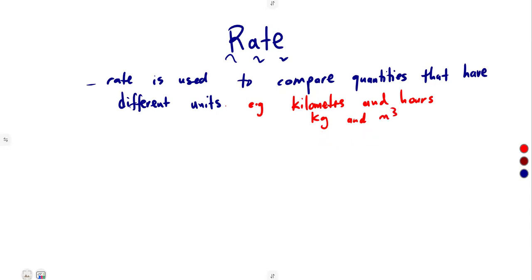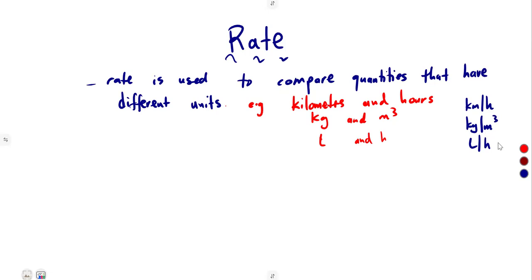Different units are being compared, consumption liters and hours. If we have that, it is referred to as a what? As a rate. Kilometers per hour, kilograms per cubic meter, liters per what? Per hour.